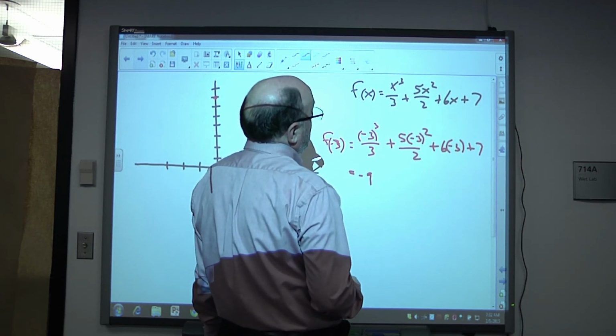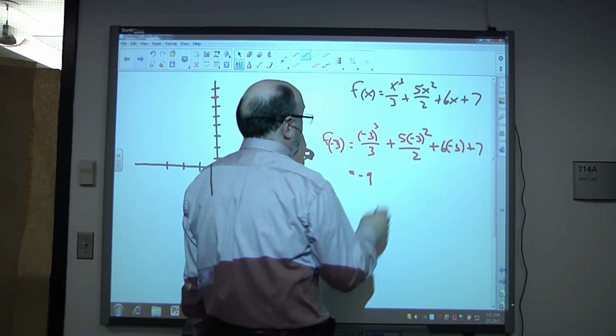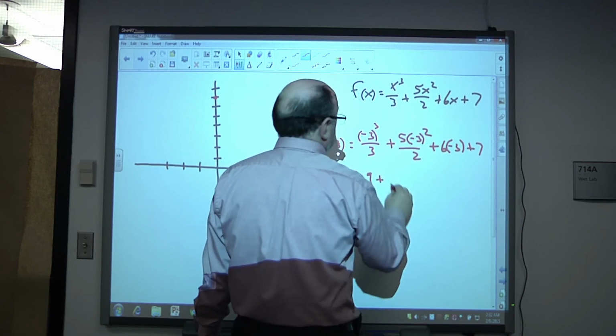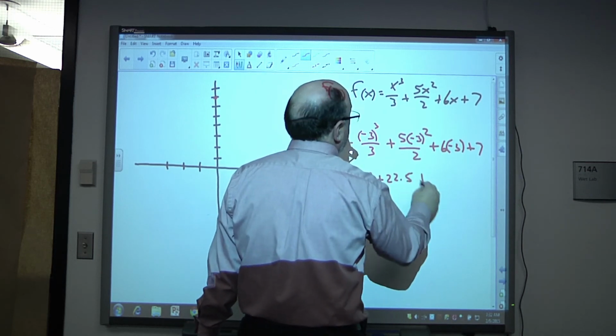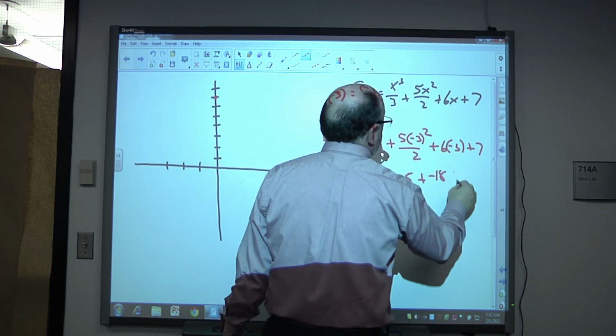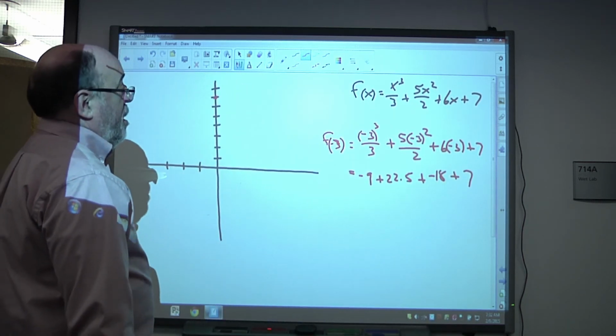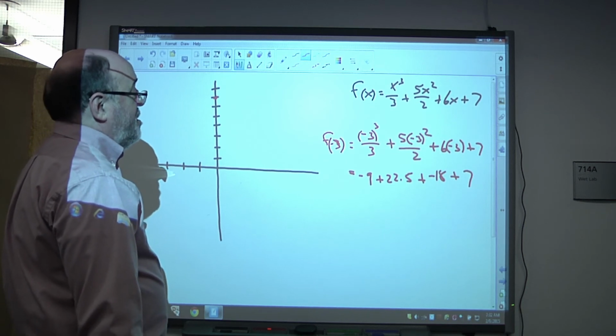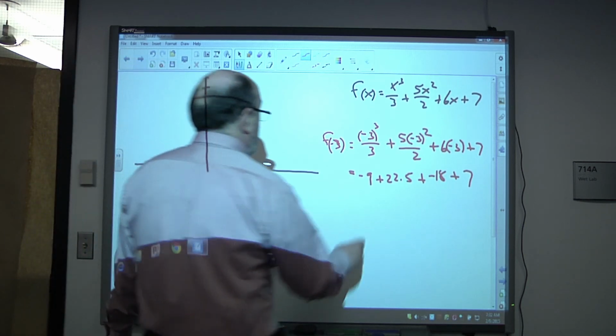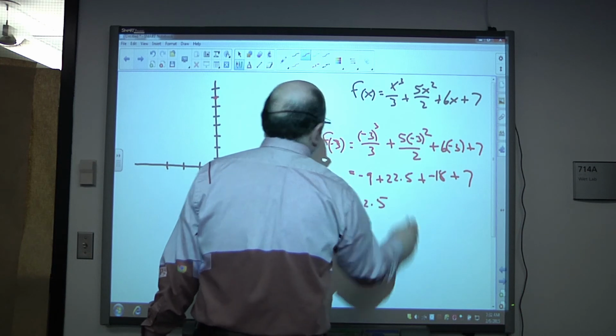Then 9 times 5 is 45 over 2, so 22.5. This is a negative 18 plus 7. Let's see, minus 27 and 29. So this is about 2.5 for that one.